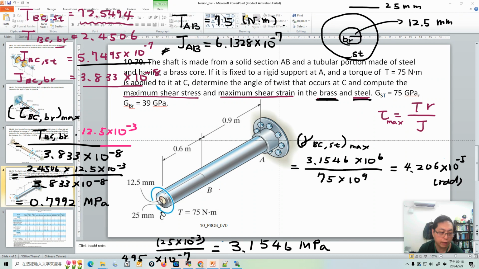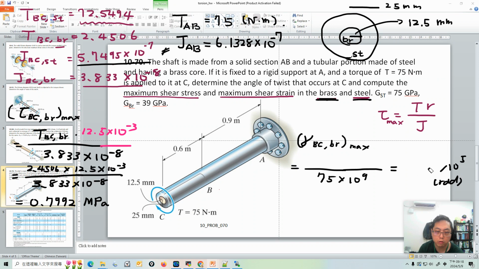And if you want to calculate the maximum shear strain at the brass part, you just use the shear stress divided by the shear modulus of brass. I remember the shear modulus of brass is 39 times 10 to the power 9, and the maximum shear stress is 0.7992 times 10 to the power 6.